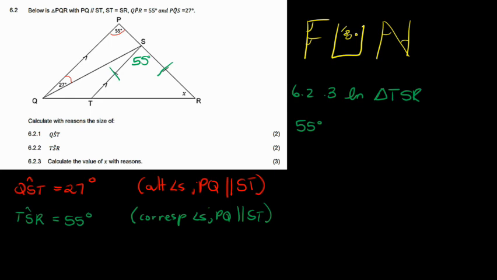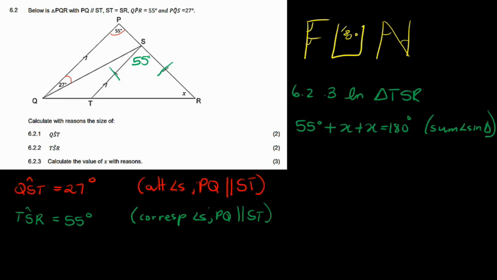TSR, we have 55 degrees plus 2x is equal to 180. The reason for this would be sum of angles in a triangle.